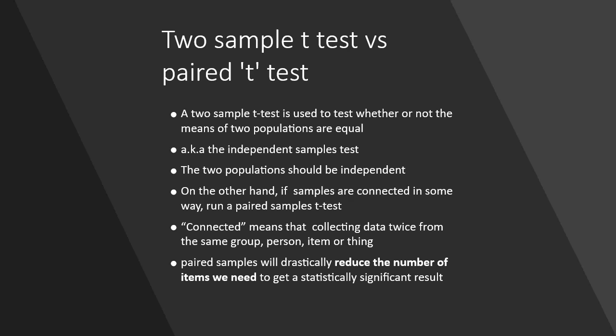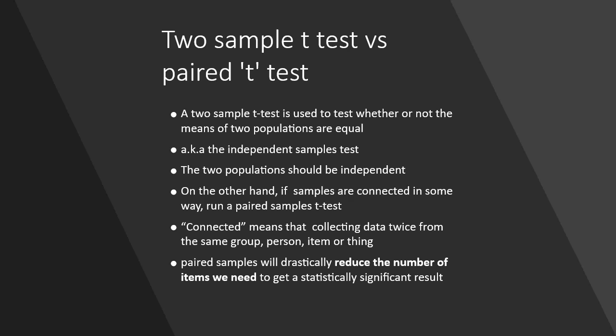However, if the groups are independent, then we go for the simple two-sample t-test or the independent sample test. Suppose we have more than two groups, then how do we compare their means? That is where Anova comes in.